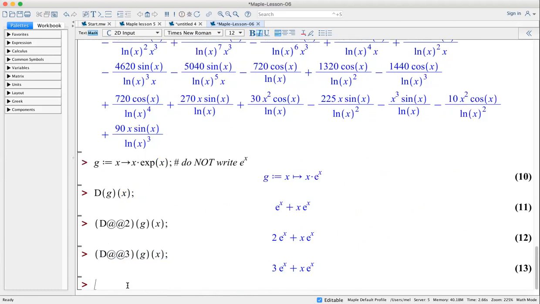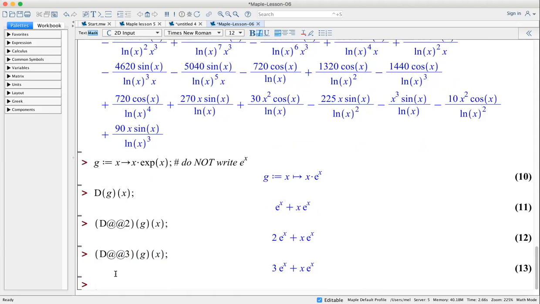The third derivative is that. Oh, you see kind of a pattern. It's like x e to the x, 1 times e to the x plus x e to the x, 2 times e to the x plus x e to the x, 3 times e to the x plus x e to the x. Let's see if there's a pattern.